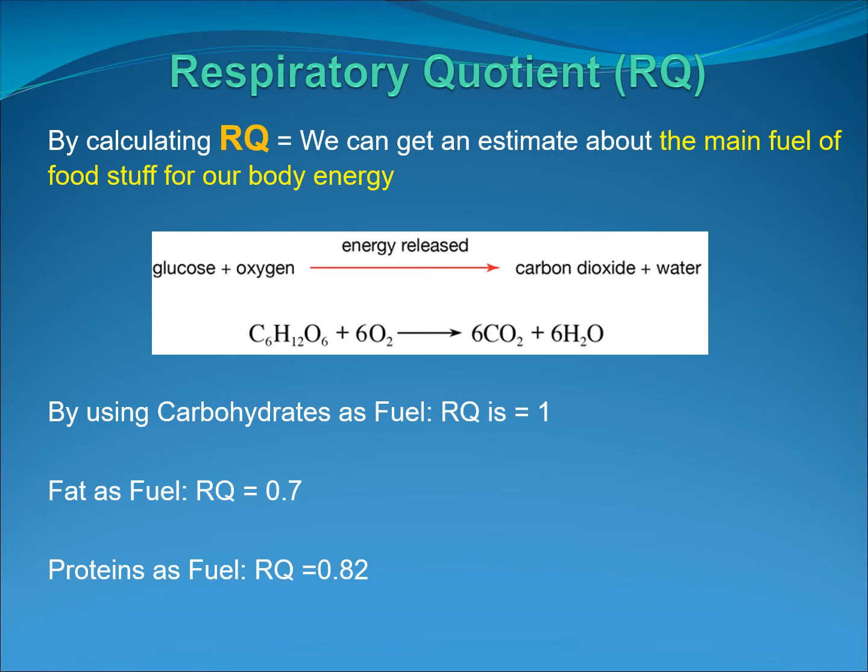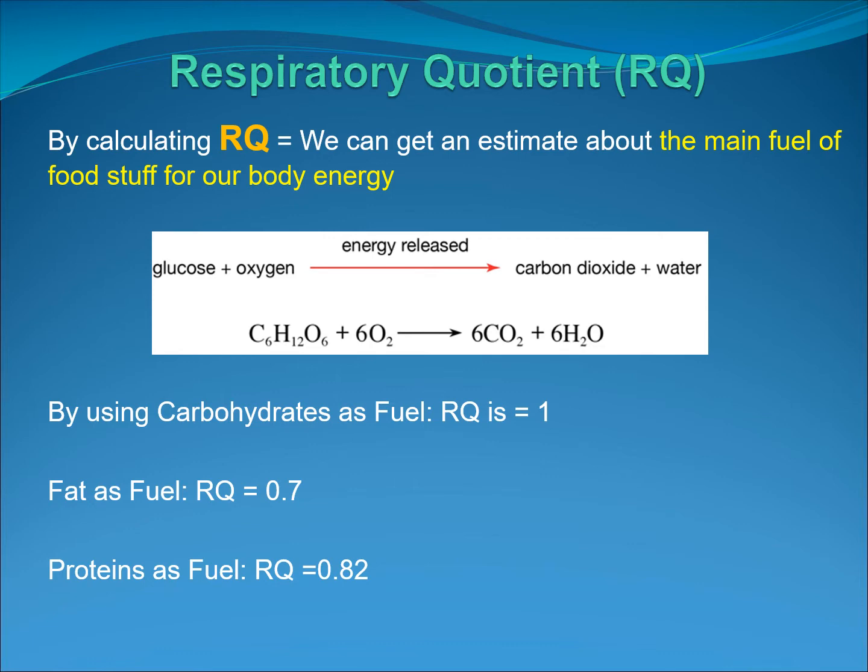As an example, for final degradation of one glucose molecule, we are consuming 6 oxygen molecules, and by final degradation, we are generating 6 carbon dioxide molecules. As a result, if we calculate the respiratory quotient for glucose, it will be around 1.